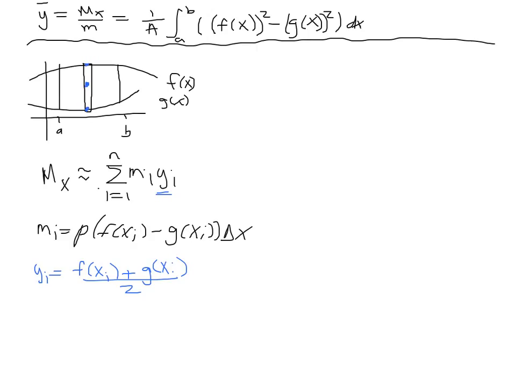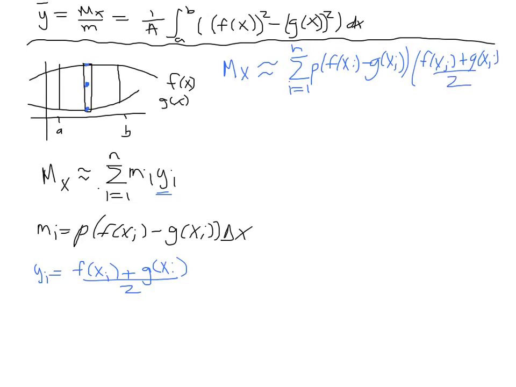And that gives us that m sub x is about equal to a sum from i equals 1 to n of rho times f of x sub i minus g of x sub i multiplied by f of x sub i plus g of x sub i over 2, delta x there on the end.